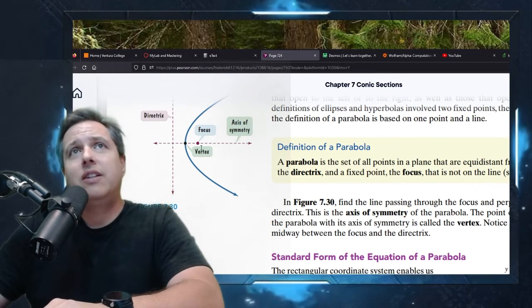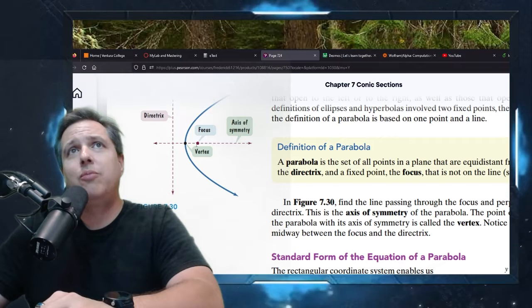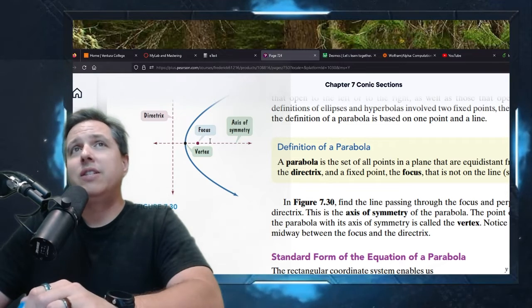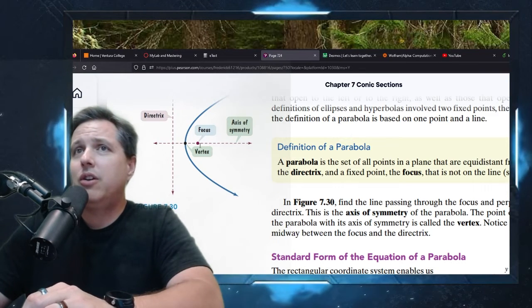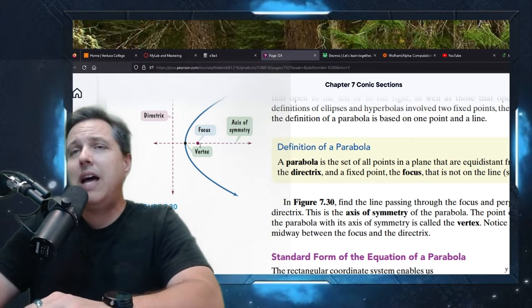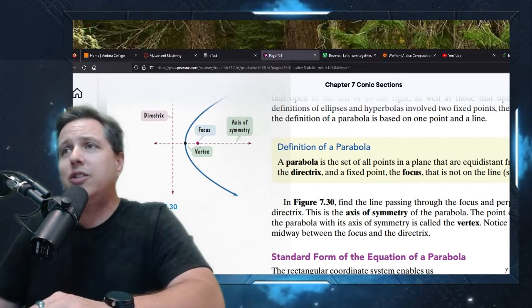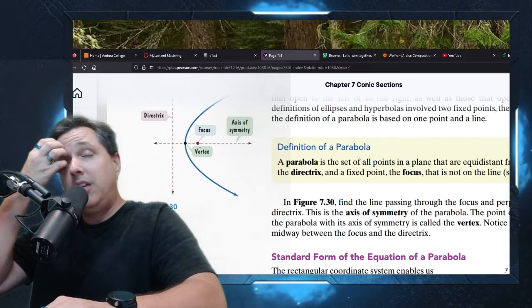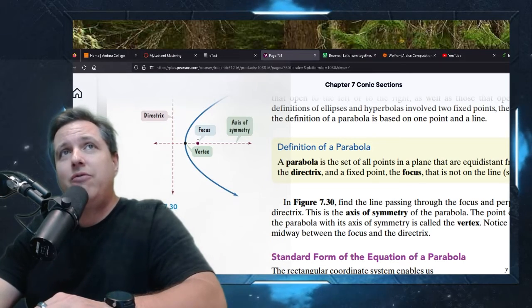If it's a flashlight, that's where you're going to put the light source. If it's a telescope, that's where you're going to put the sensor that picks up the light. Or if you're looking with your eye, that's where you're going to put the ability to view it, right there at that focus.